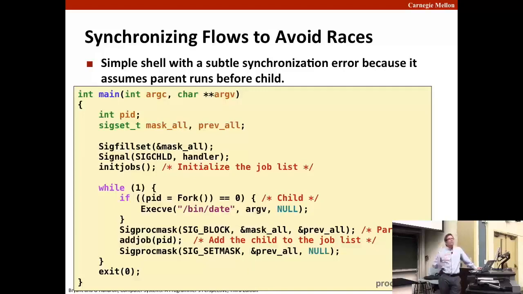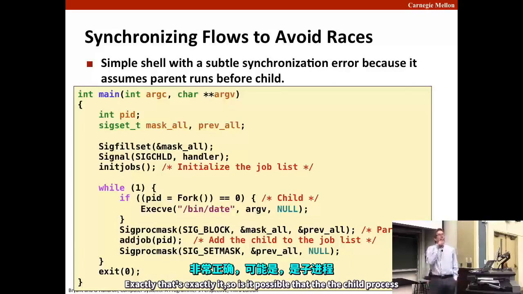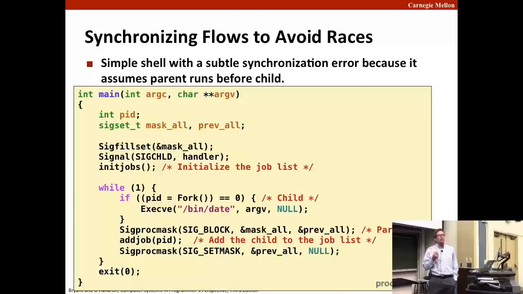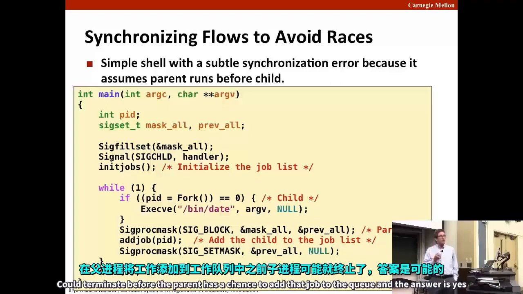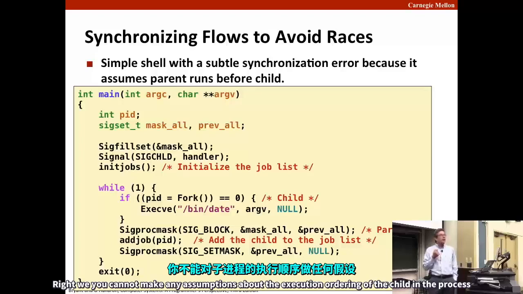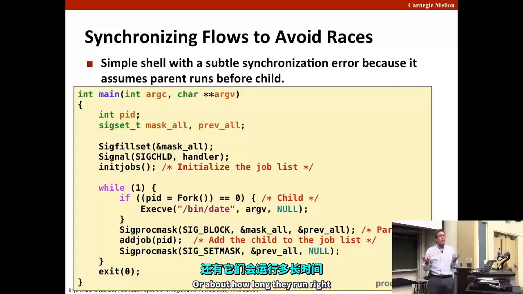Is it possible it could finish and try to remove stuff from the queue before it tries to add it? Exactly, that's exactly it. Is it possible that the child process could terminate before the parent has a chance to add that job to the queue? The answer is yes. You cannot make any assumptions about the execution ordering of the child and the parent, or about how long they run.